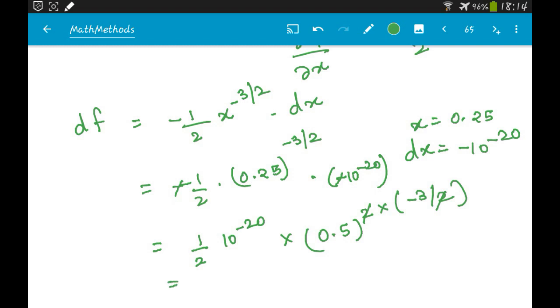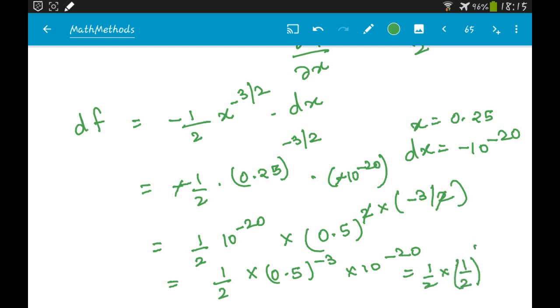So you're going to get half into 0.5 power minus 3 into 10 power minus 20.